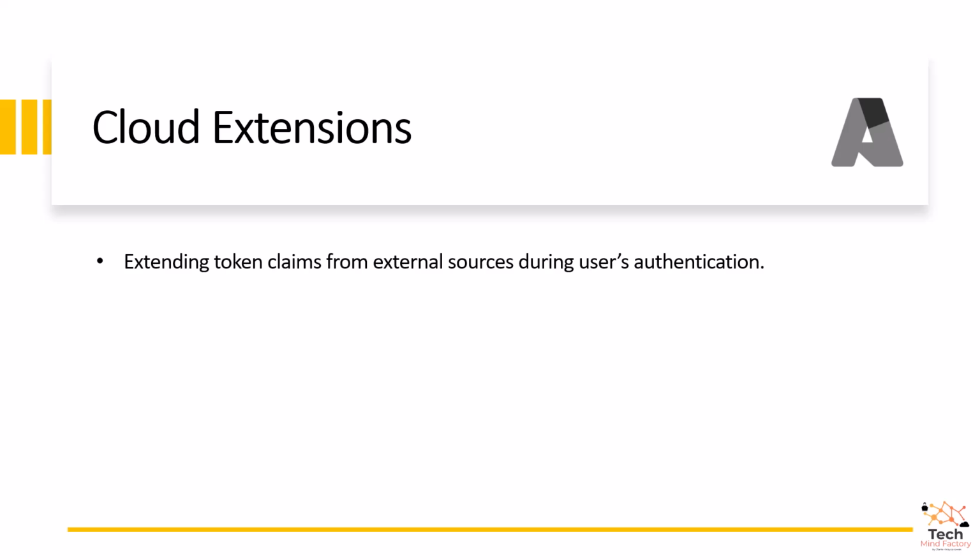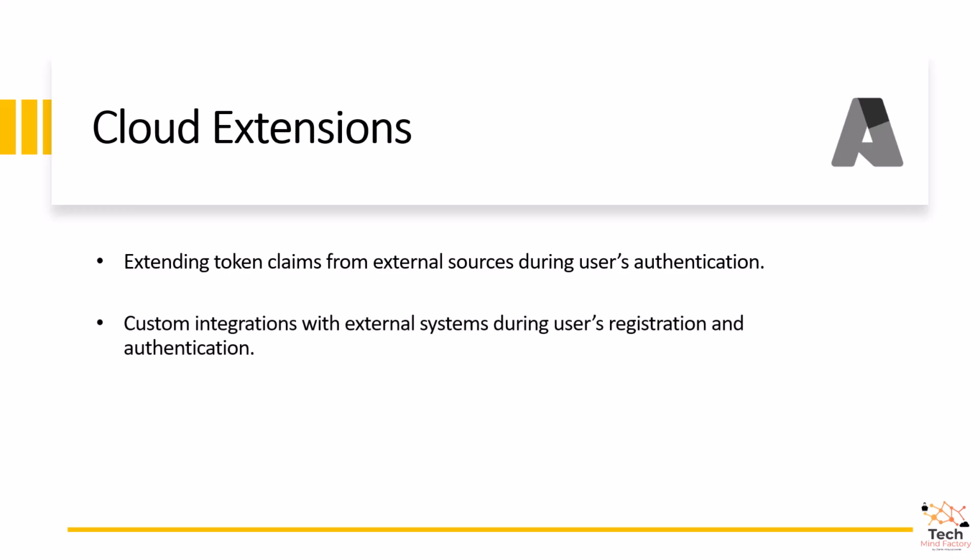So in this specific scenario, Auth0, using Auth0 actions, was calling an external component, an Azure function hosted in the Microsoft Azure Cloud, to get information about the user loyalty number. And this Azure function returned the loyalty number, and it was included in the ID token returned to the application.